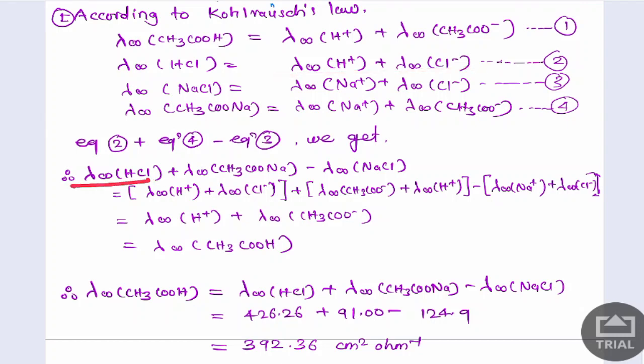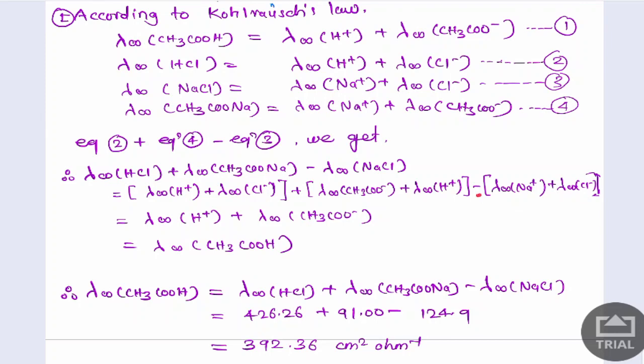Lambda infinity of HCl is equal to lambda infinity of H plus plus lambda infinity of Cl minus. Lambda infinity of sodium acetate is equal to lambda infinity of acetate ion plus lambda infinity of Na plus. Lambda infinity of NaCl is equal to lambda infinity of Na plus plus lambda infinity of Cl minus.